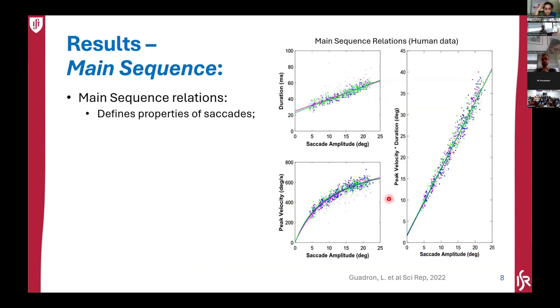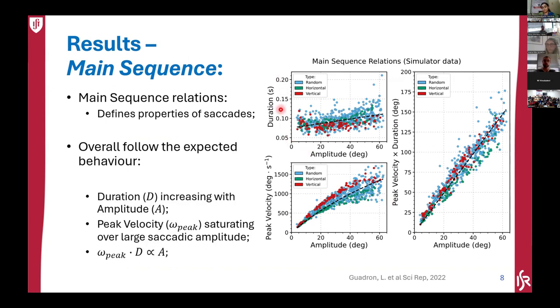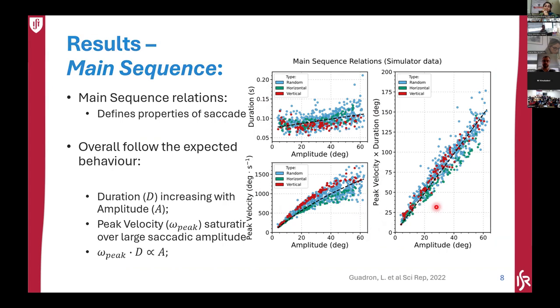Turning our attention now to the main sequence. Here I plot these relations using data obtained from real experiments performed in humans. And comparing this with the data that we obtained from our simulator, we can see that they overall also match quite nicely, and the expected behaviors are indeed followed, with the duration of the motions increasing with the amplitude, the peak velocity saturating over large saccadic amplitudes, and the product between peak velocity and duration following a linear dependence with the saccadic amplitude.